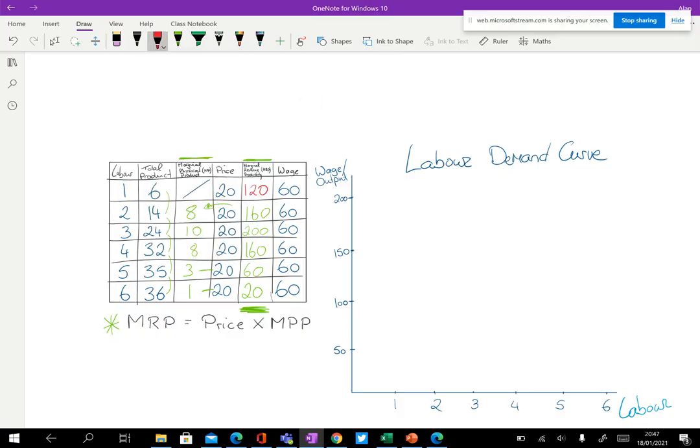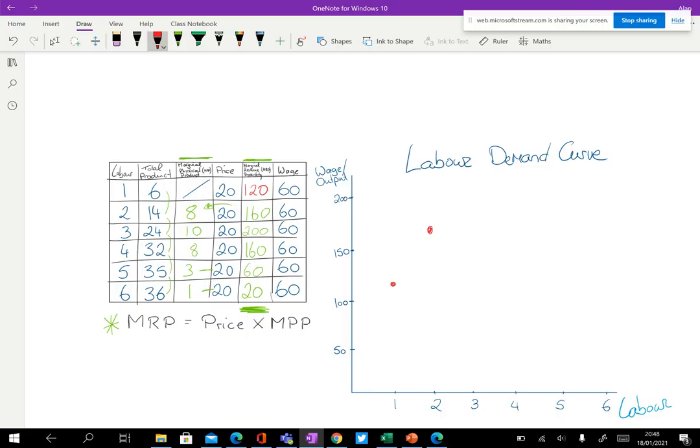So at 1 unit of labor, our MRP is at 120, which is about there. At 2 units of labor, have a look at your table. We have 160, which is up about here-ish, isn't it? Actually, it's a little bit lower than that, but anyway, 160 is about there.